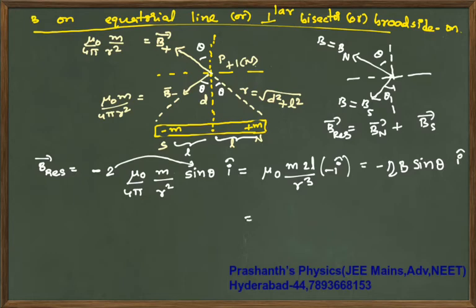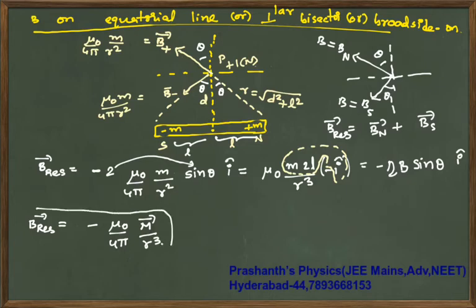So your final resultant magnetic field is minus mu naught by 4 pi into m bar, because m into 2L into i cap, that part you are looking at, is m bar, by r cube.